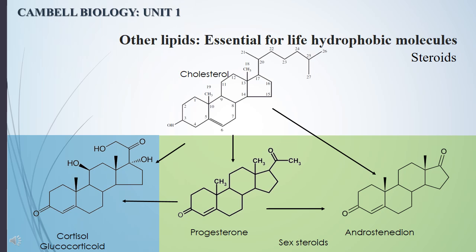But of course, a lot of cholesterol can clog the arteries and result in very undesirable outcomes. But it is true that cholesterol can be modified to create cortisol, progesterone, and a number of other sex steroids.